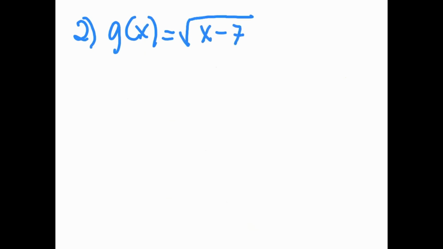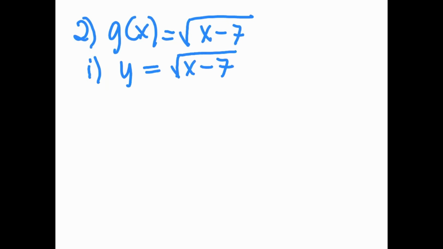Let's have another example. Suppose g of x is equal to square root of x minus 7. So we'll find g inverse, or the inverse function of g of x, undergoing the 4 steps. Step 1 is we'll let y be equal to that function g of x, and that will be equal to square root of x minus 7.